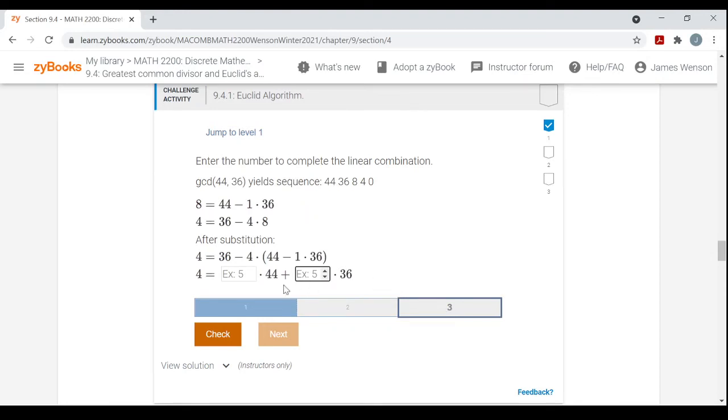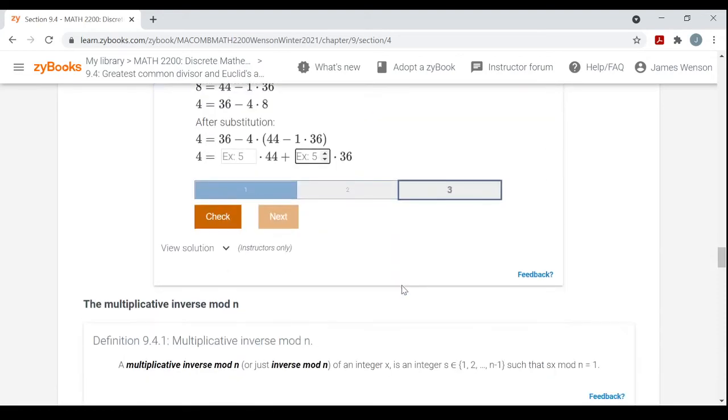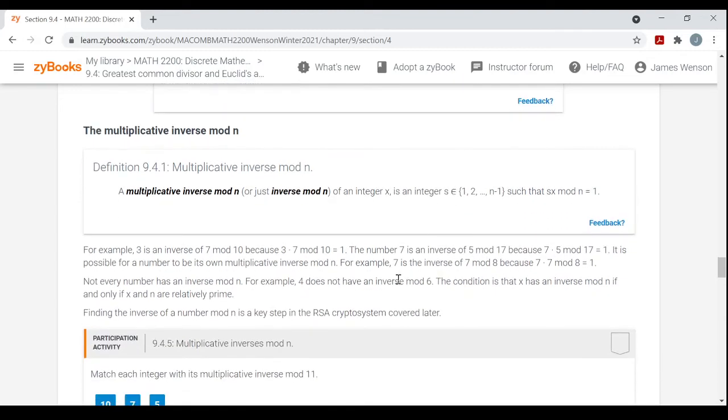All right, and then finally here, they give everything to you basically. You just have to figure out what's the coefficient of 44, what's the coefficient of 36 in this linear combination of 44 and 36 that make 4. All right, so pretty easy challenge activity, I feel.